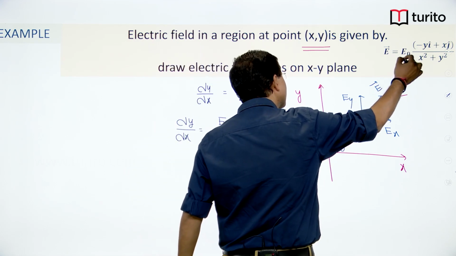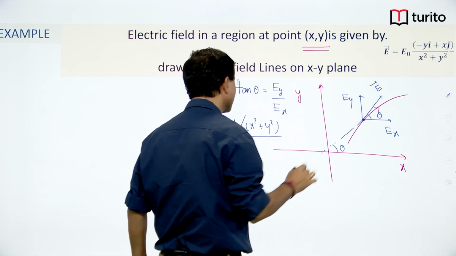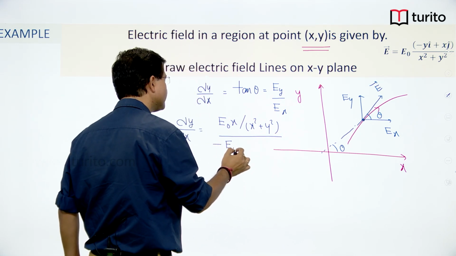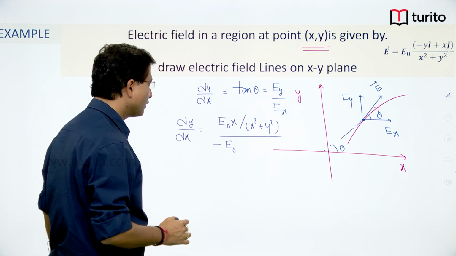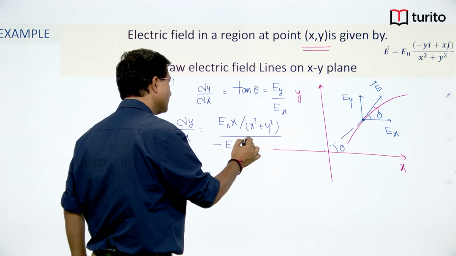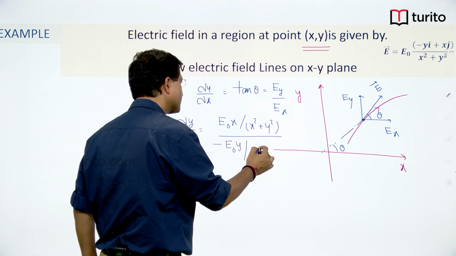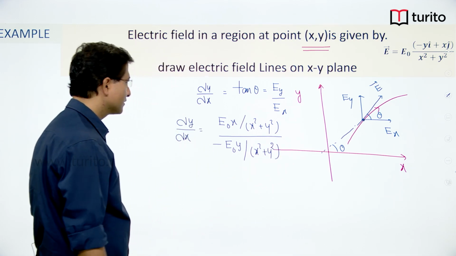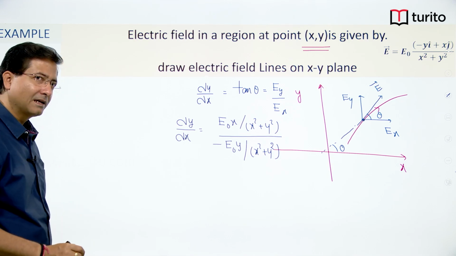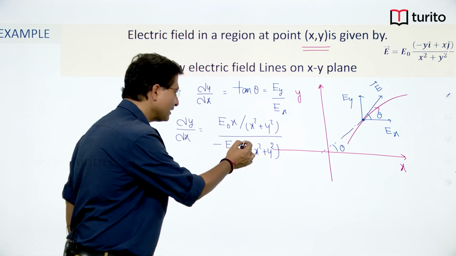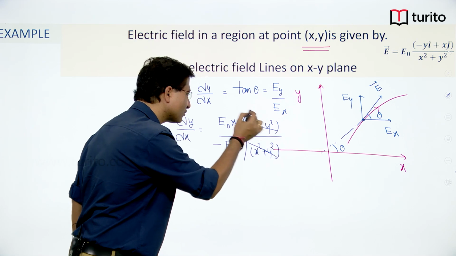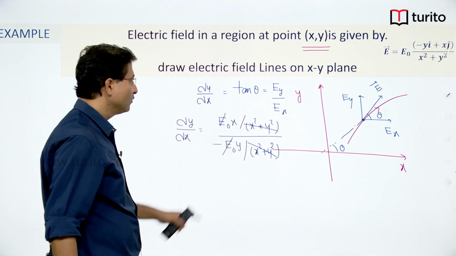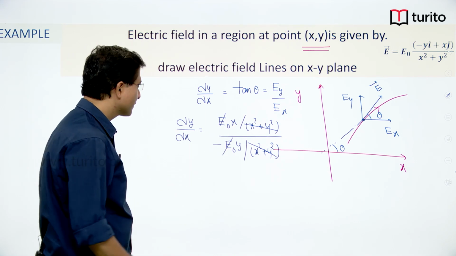In front of I cap what we have is this. So, minus sign E naught y divided by x square plus y square. Now, this x square plus y square and this x square plus y square will cancel out, E naught gets cancelled out, we are left with x by y.